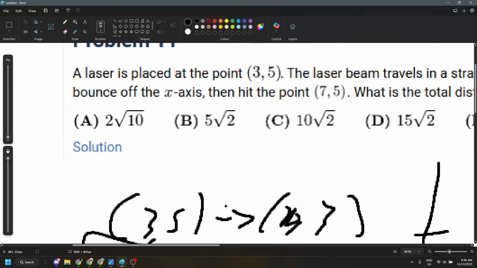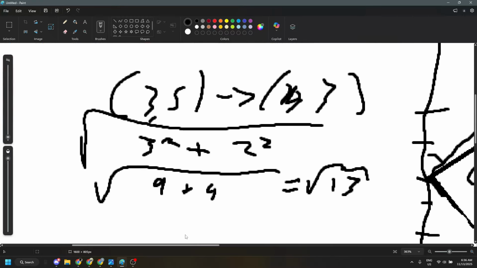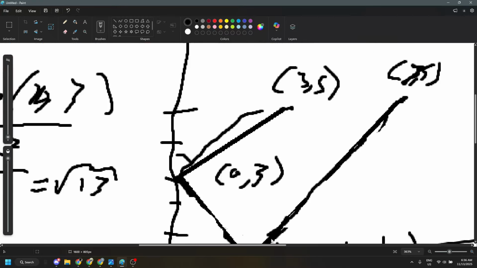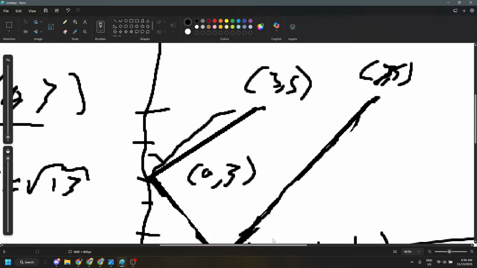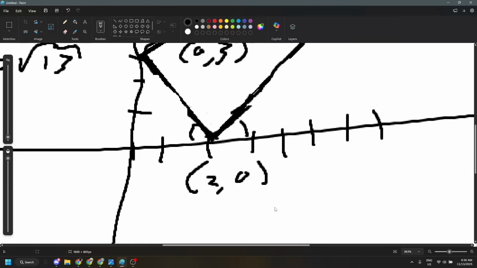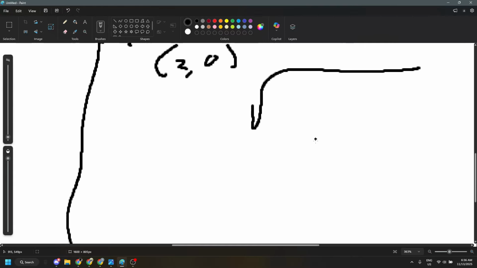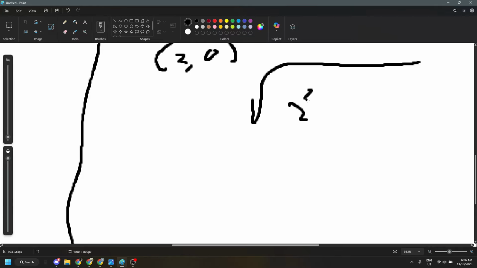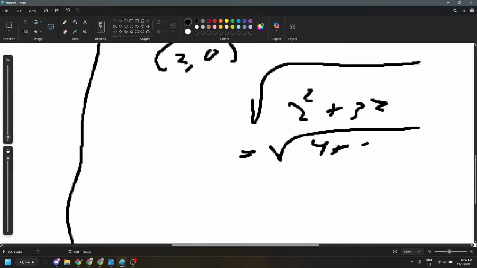Already starting off not looking good, but that's okay. And then the square root of 2 squared plus 3 squared equals the square root of 4 plus 9, which is the square root of 13.